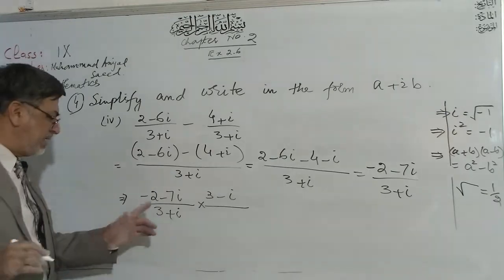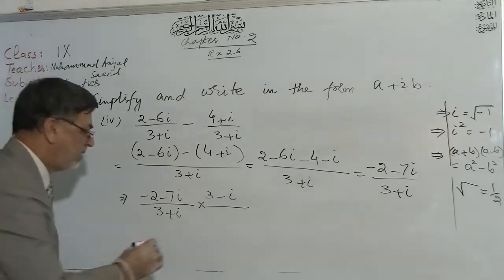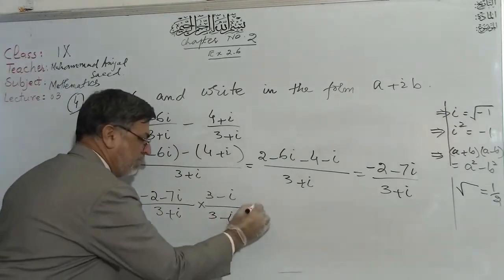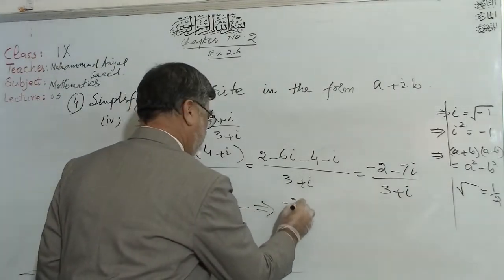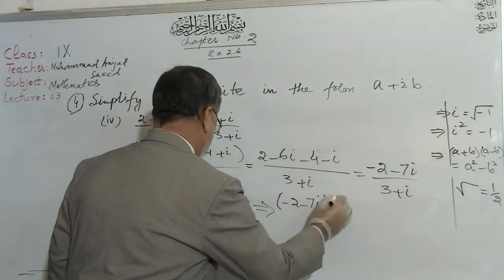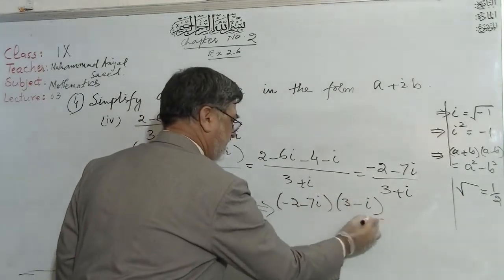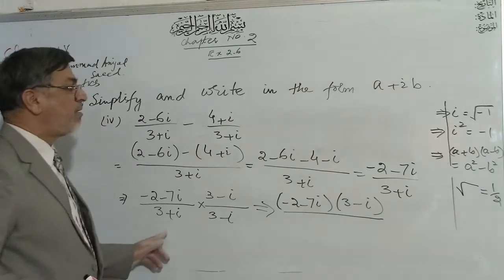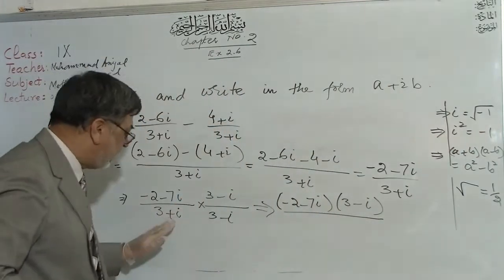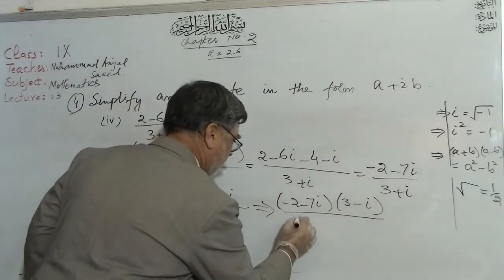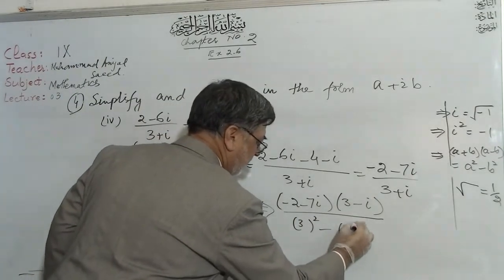You simply change the sign before iota. Here is minus 2 minus 7 iota into 3 minus iota, divided by the same formula, a plus b, a minus b, that is a square minus b square. We are applying the formula first square minus second square.